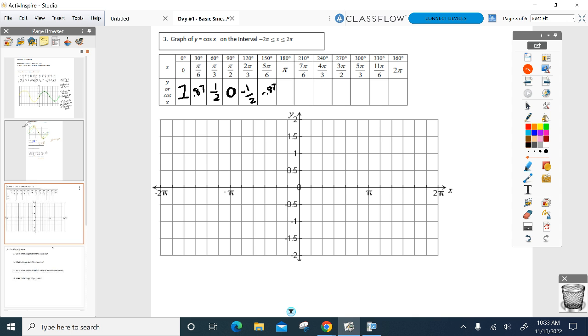At 180, negative 1. Now we start heading back up. You have done this with sine, so you should be all right here. And then here comes the fourth quadrant, and shocker, they're positive there.